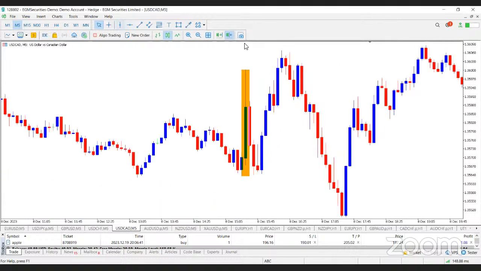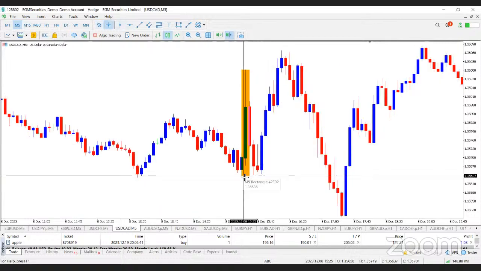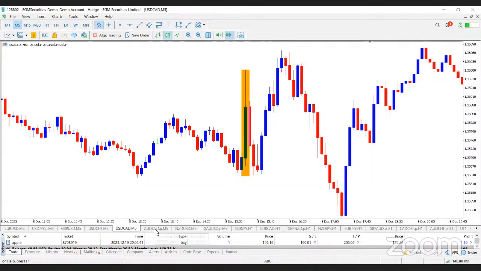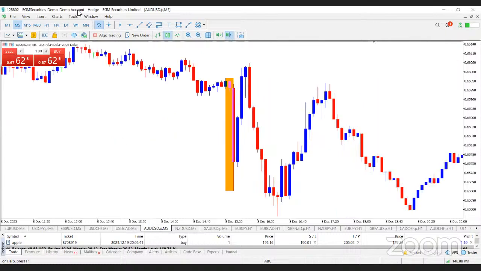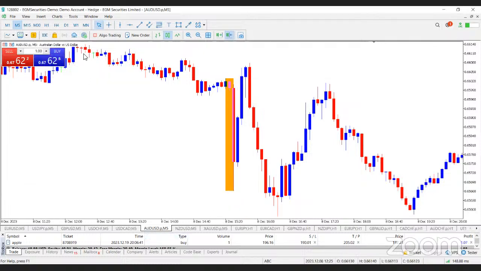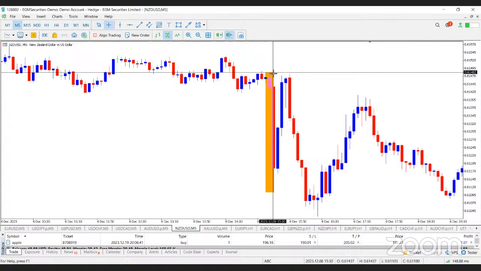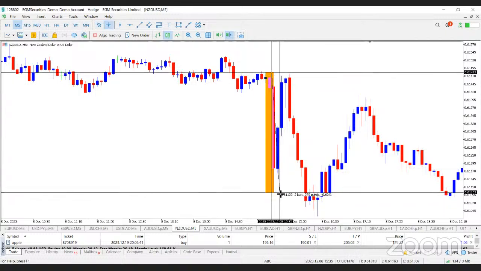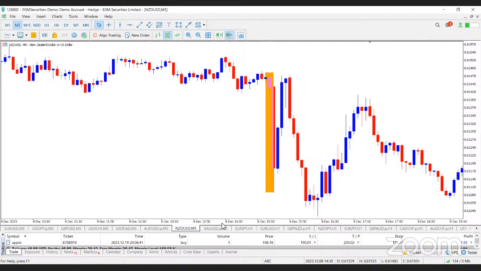USD CAD also rose by around 36 pips. So it wasn't much, but it was quite a rise. Then when you look at Aussie dollar, we had 37 pips. Then lastly, on New Zealand dollar, we had a drop by around 37 pips.